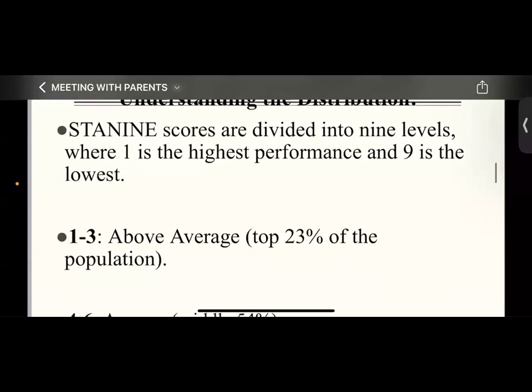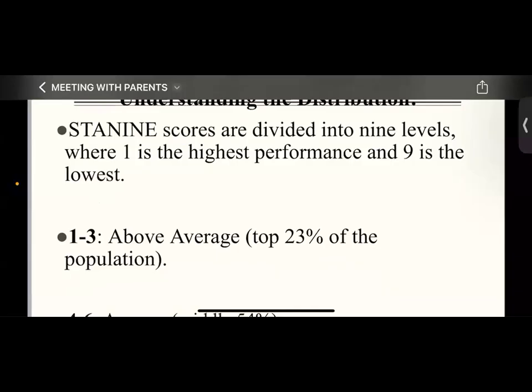So this is what is happening. Any child that gets from 1 to 3, they are considered the above average students. And for this, only 23% of the population of the entire people that went to write the paper can fall within 1 to 3.